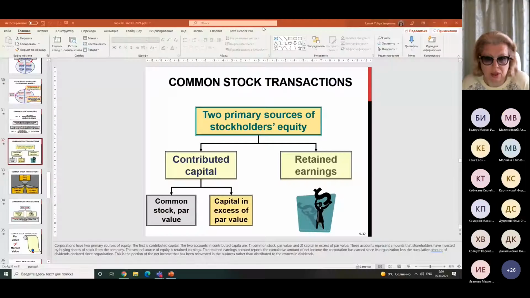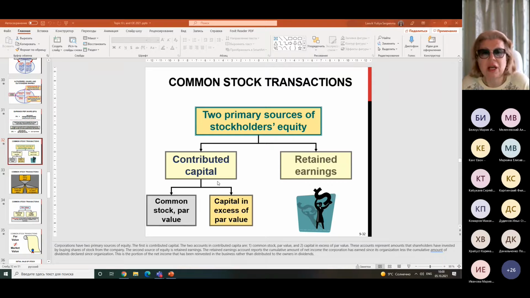Okay, good. So let me continue with my presentation. Common stock transactions. We already discussed treasury stock. Let's discuss common stock transactions. So once again, there are two primary sources of stockholders' equity. We discussed this from the first topic up to the sixth topic. We have two main items: contributed capital and retained earnings.